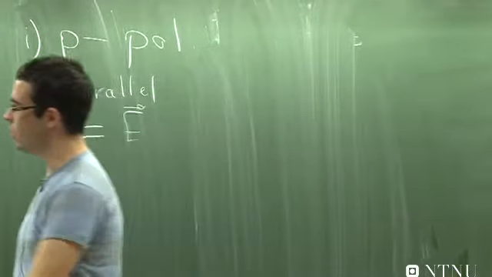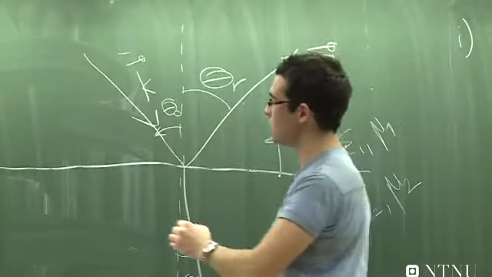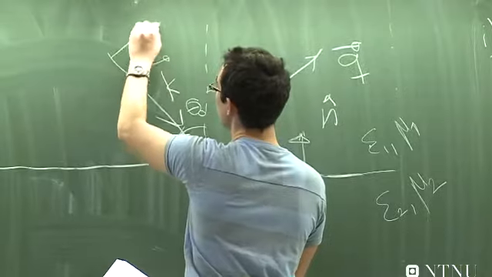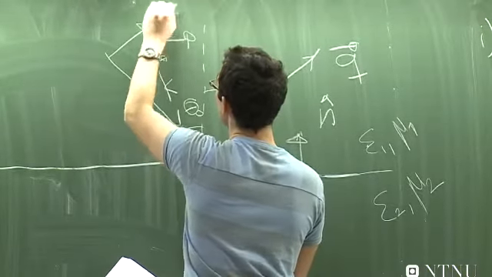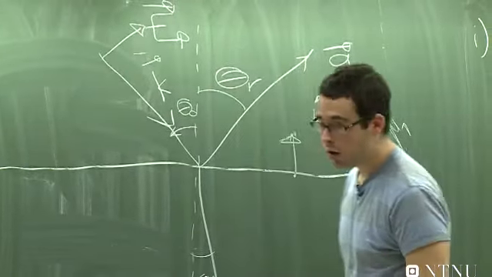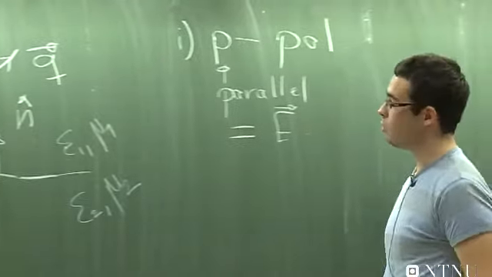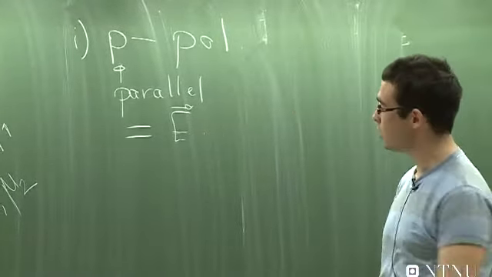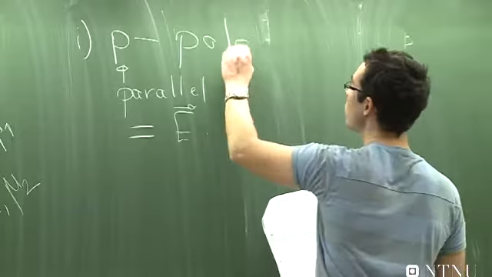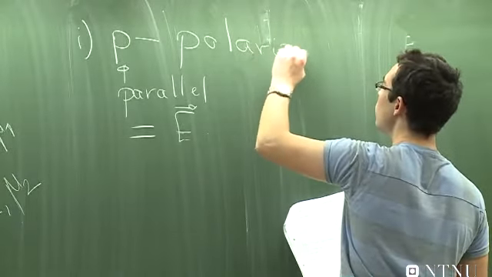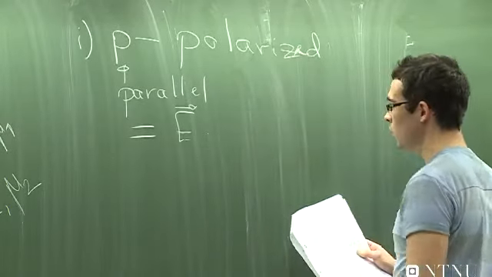So the incoming field here is in the plane of incidence, meaning that E is like this. If the plane wave is linearly polarized as shown on the figure, we say that it's P polarized.